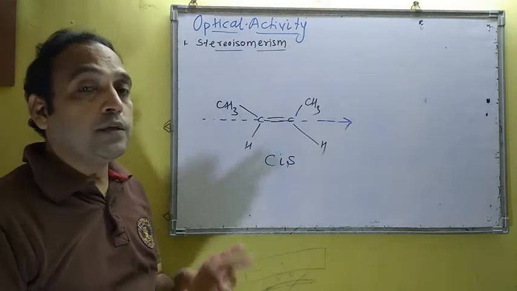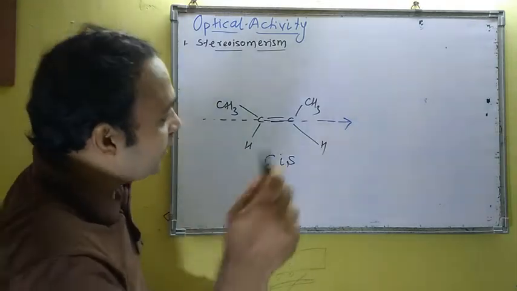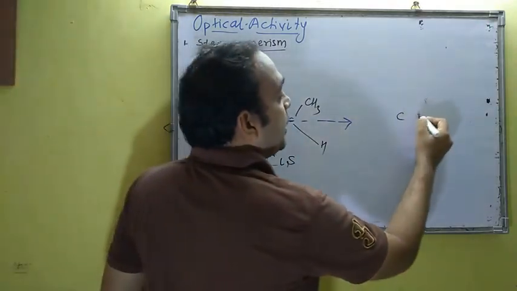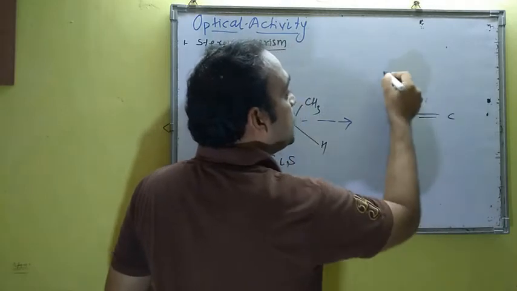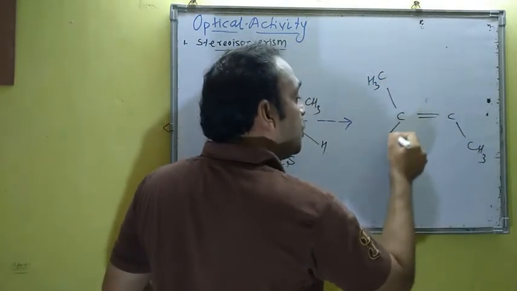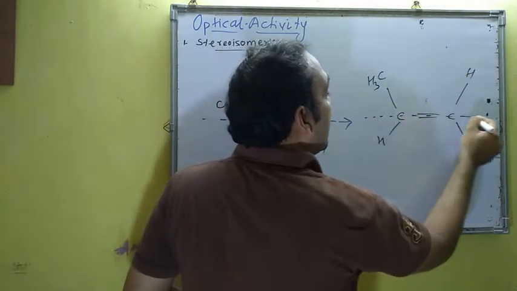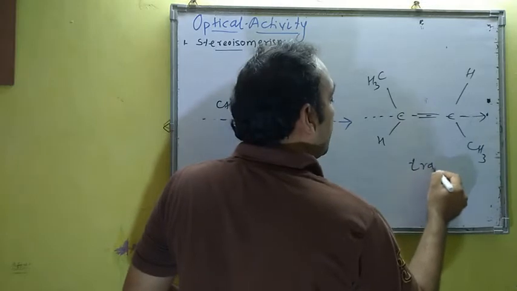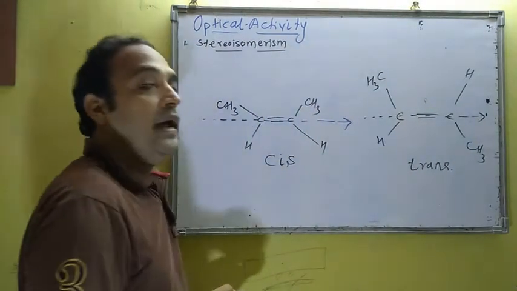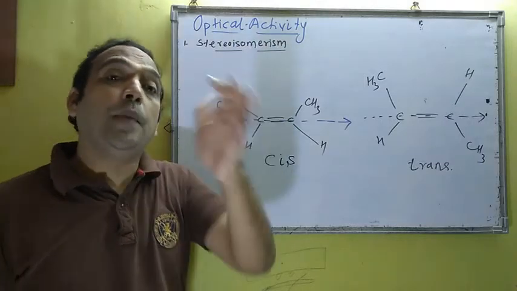So geometrical isomers are of two types: one is the cis isomer and the second is the trans isomer. In the trans isomer, the same atoms or groups are on the opposite side. These are examples of stereoisomers, that is, geometrical isomers.